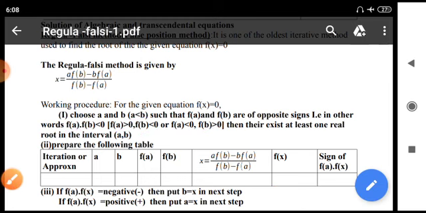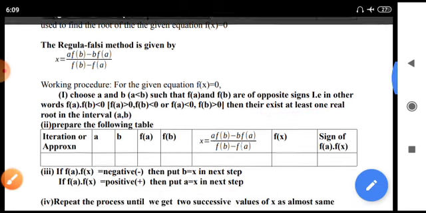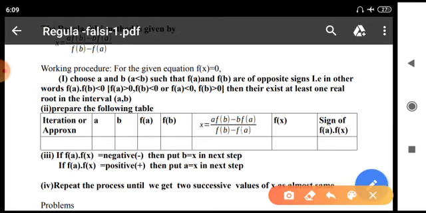In such cases, there exists at least one real root in the interval a b. So the condition to get the real root is f of a into f of b must be less than 0. Then second step, we have to prepare the following table.